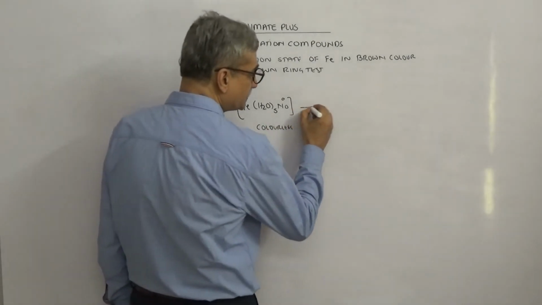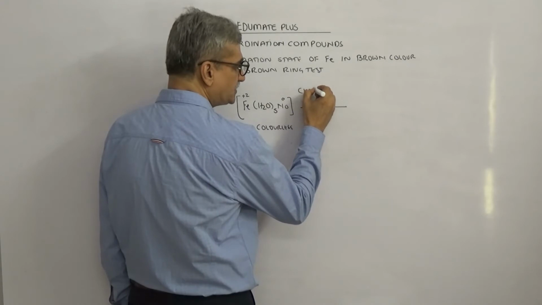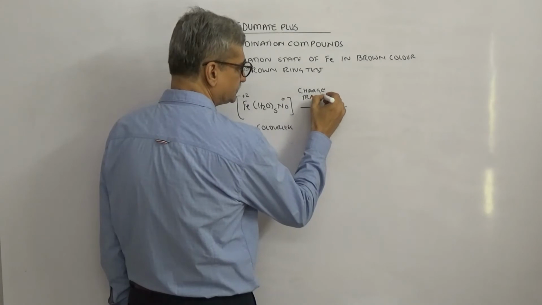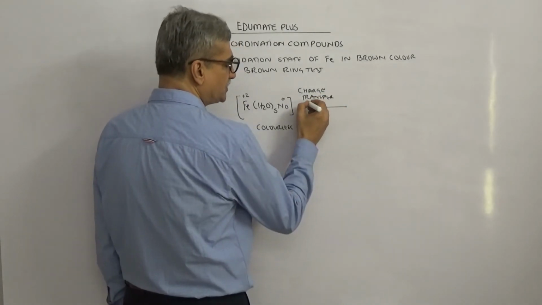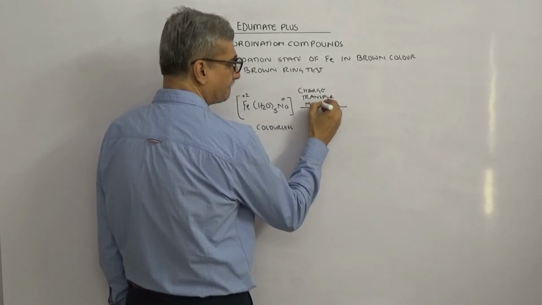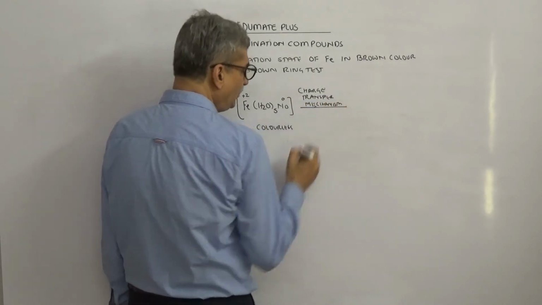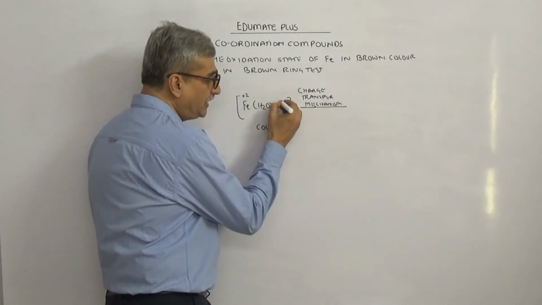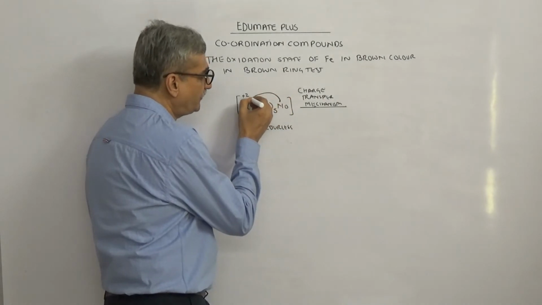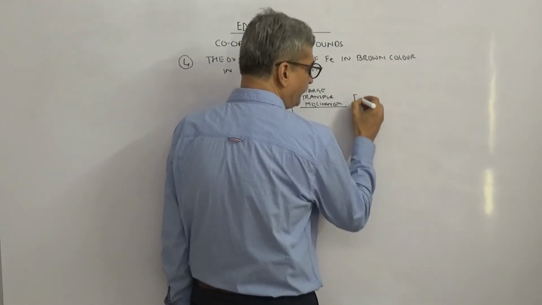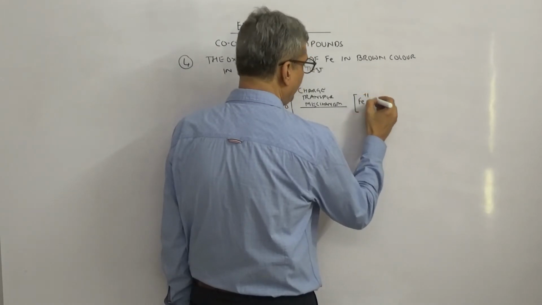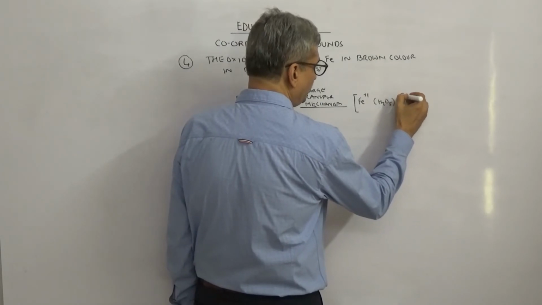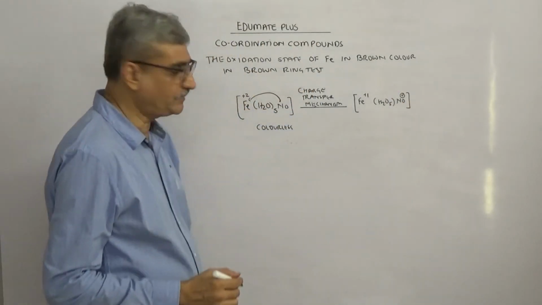Now this is what we call a charge transfer mechanism. We all know that nitric oxide has an unpaired electron. That unpaired electron transfers to Fe, and Fe becomes Fe plus 1, [Fe(H2O)5NO], and this is nitrosonium now. So from nitrosyl it has become nitrosonium.